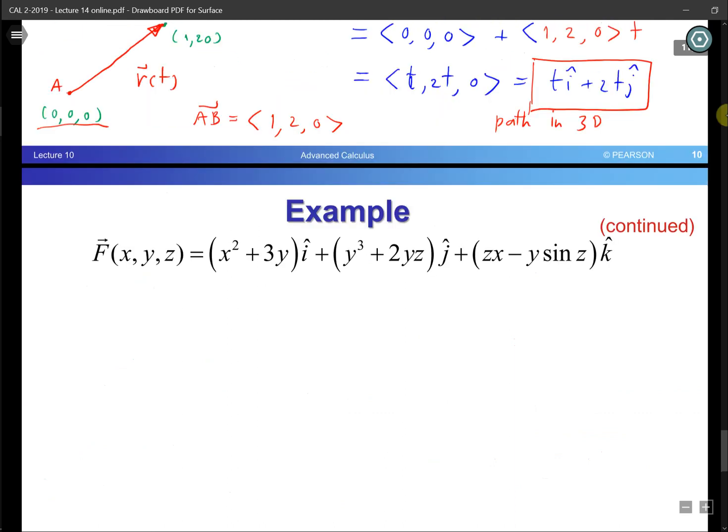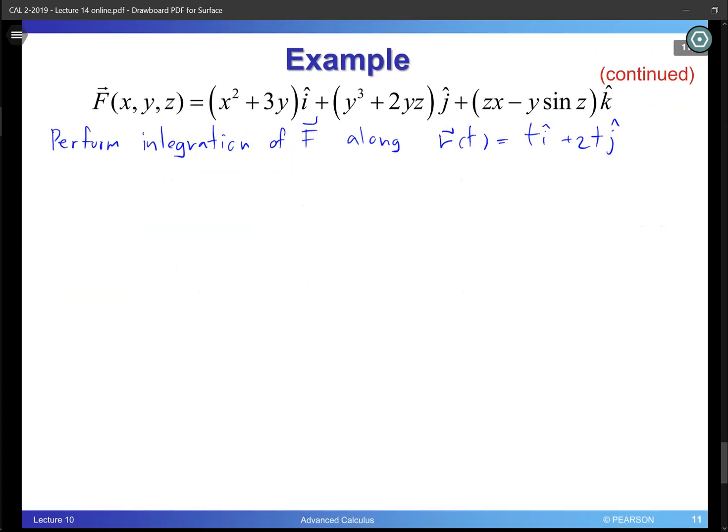We want to perform integration of this f along r of t, equal to what we just found, ti plus 2tj.